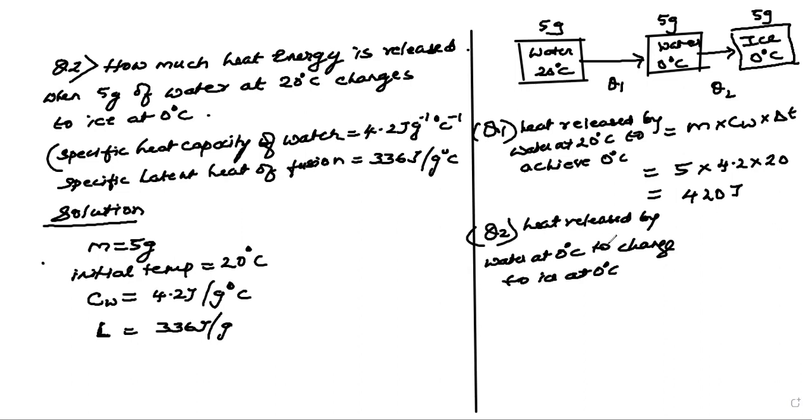Change of state has taken place, so it should be M into L. M is 20 gram and L is 336 joules per gram. So how much do you get? 6720 joules, okay?